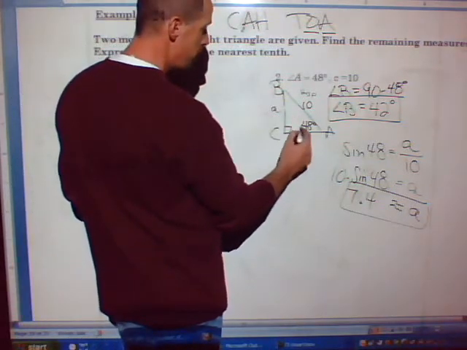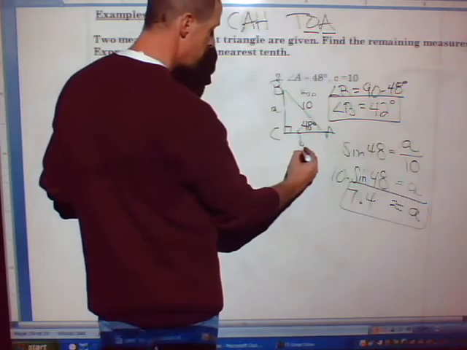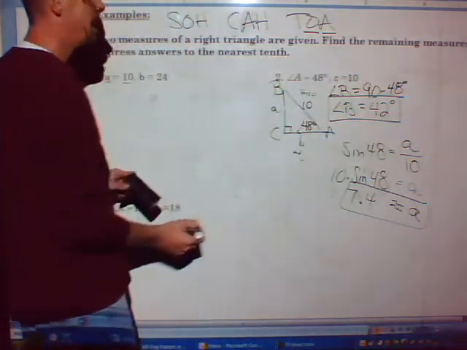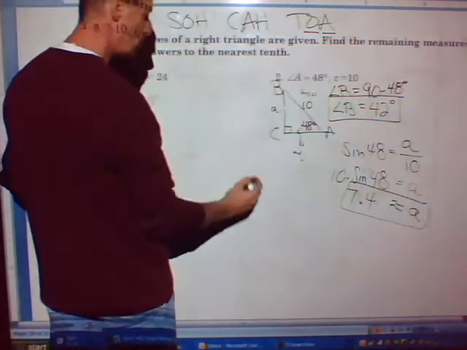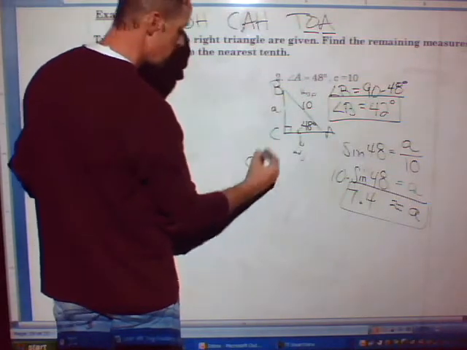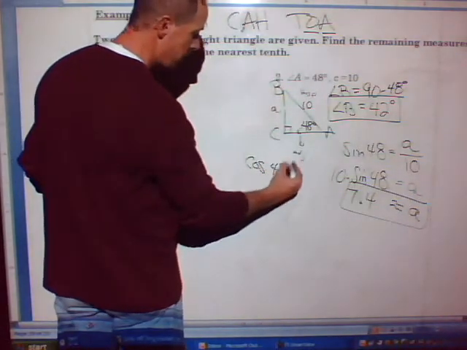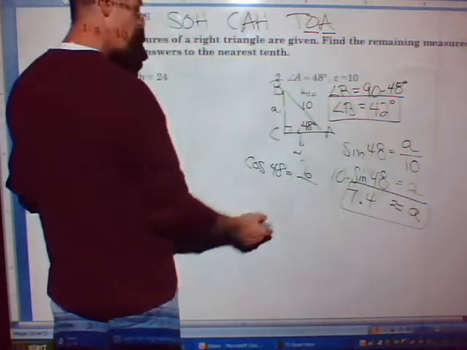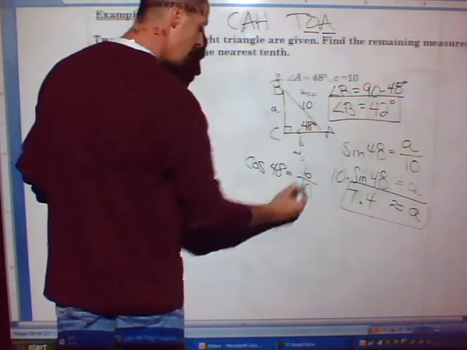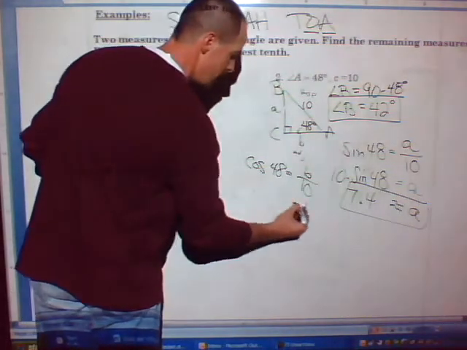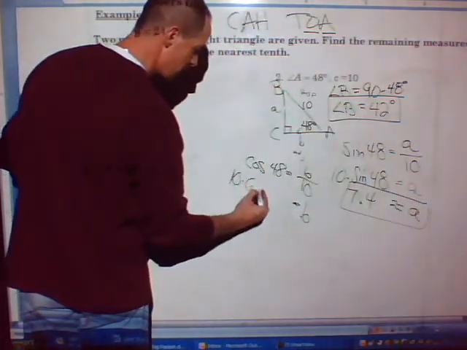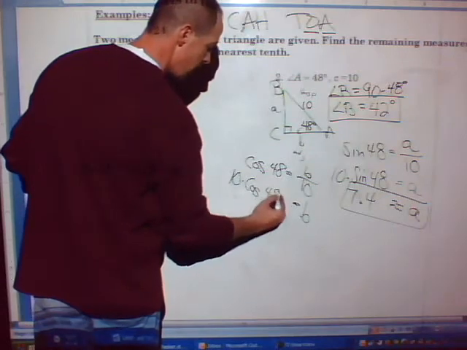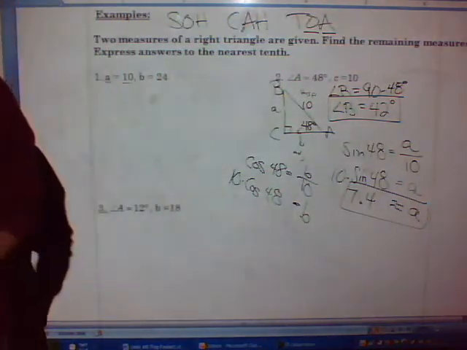And where is B compared to 48? This is adjacent. 10 is still the hypotenuse, so adjacent and hypotenuse, this is cosine. So the cosine of 48 equals adjacent, which is B, over the hypotenuse, which is 10. So that means B equals 10 times the cosine of 48. So we can plug that in the calculator.